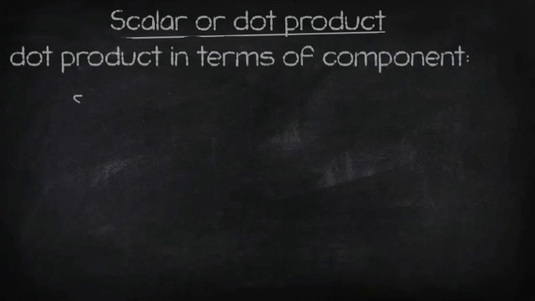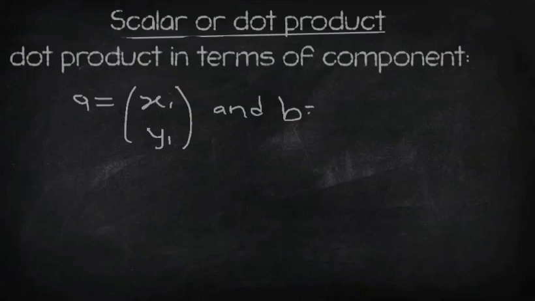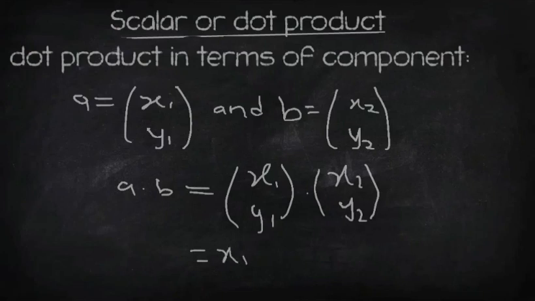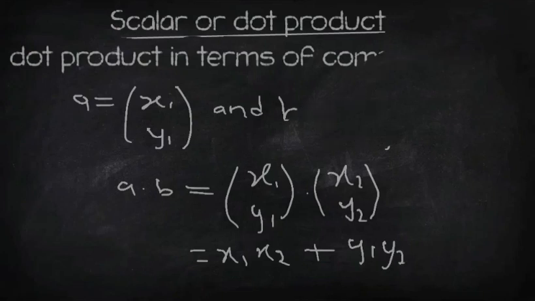So dot product in terms of components. In terms of components, vector a is equal to (x1, y1) and b is equal to (x2, y2). So a dot b is x1 x2 plus y1 y2. You understand?